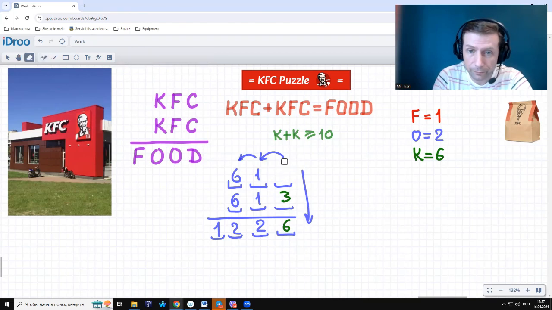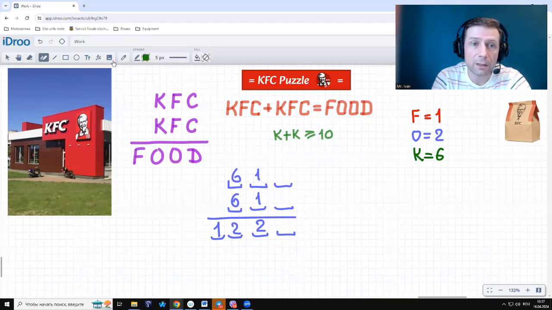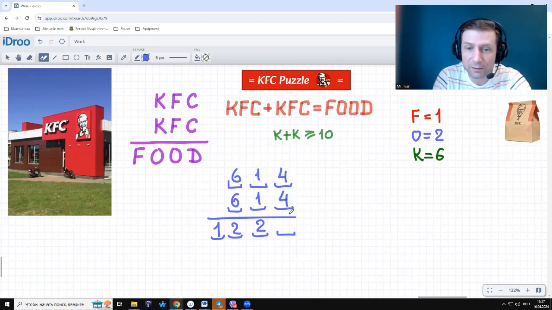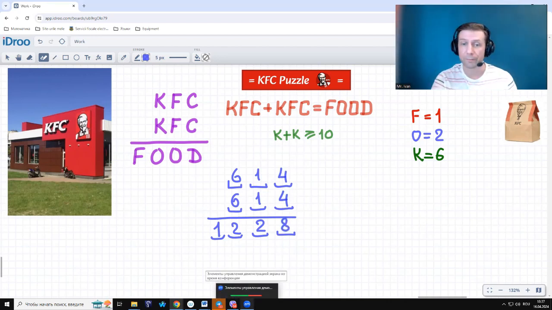It means the only possible option here, and it is pretty interesting, is the number 4. So 4 plus 4 equals 8. And the numbers are really not repeated, so it's pretty nice.